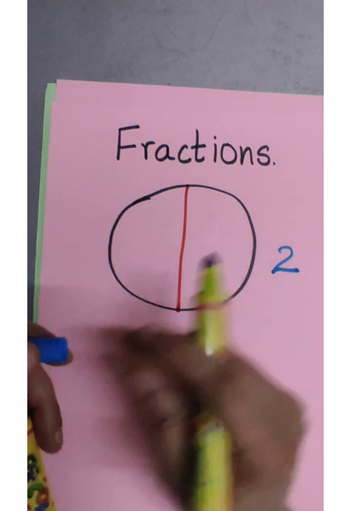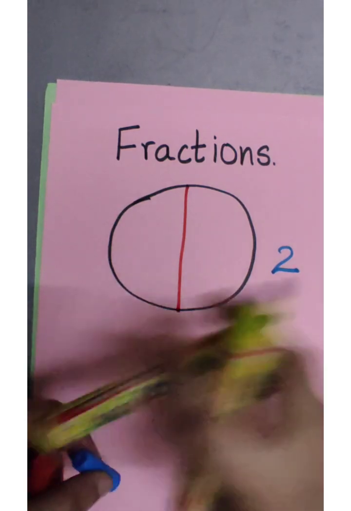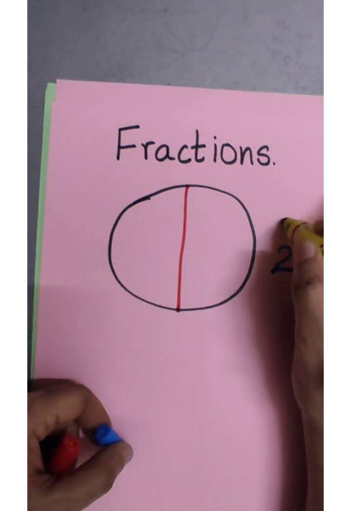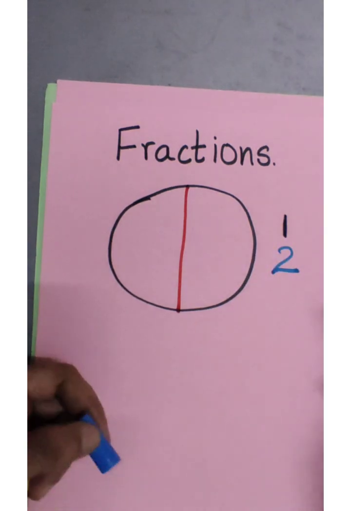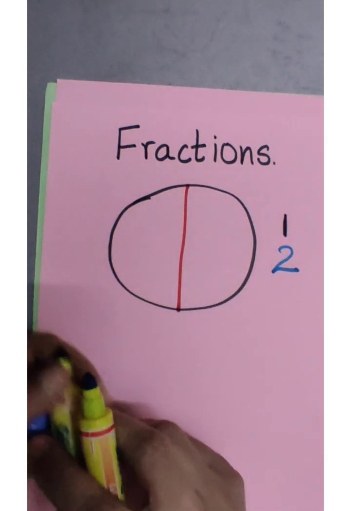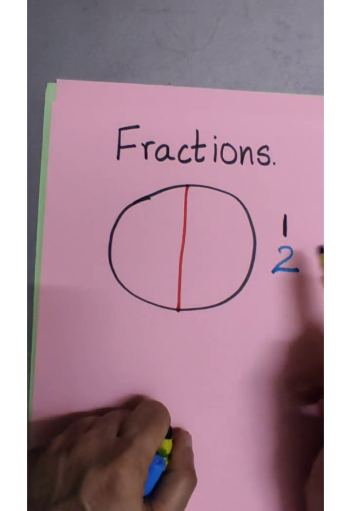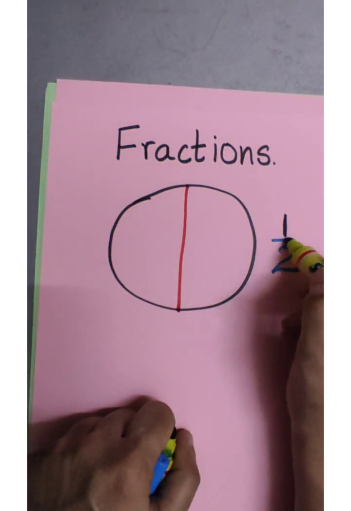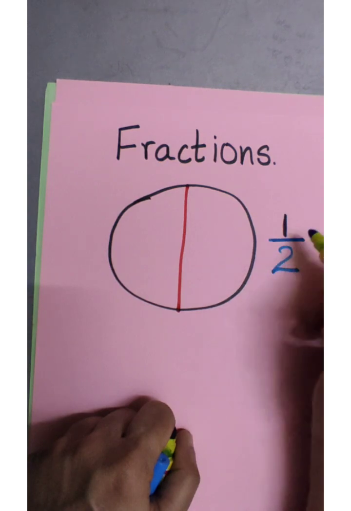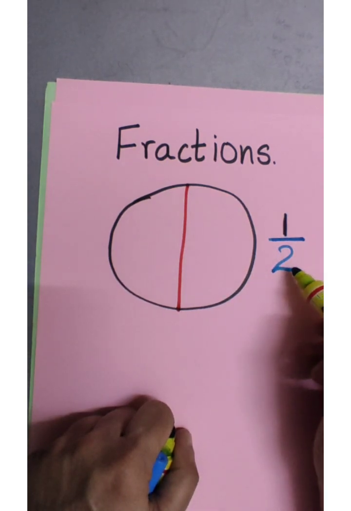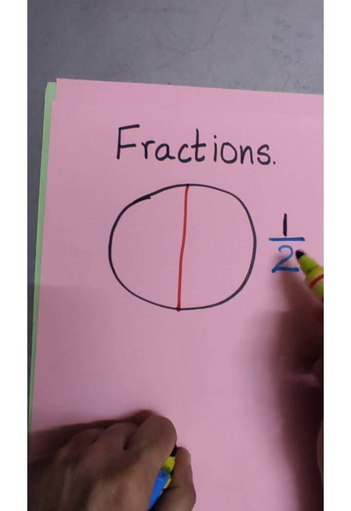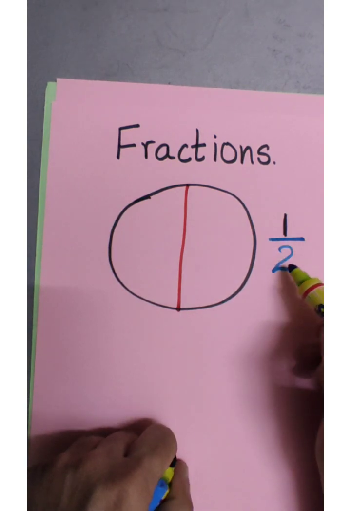From those 2 equal parts, I have given one piece to somebody else, or you can say I have given it to my friend. So from 2 equal parts I have given one to my friend. So your fraction formed is 1 upon 2. You read it as 1 upon 2.